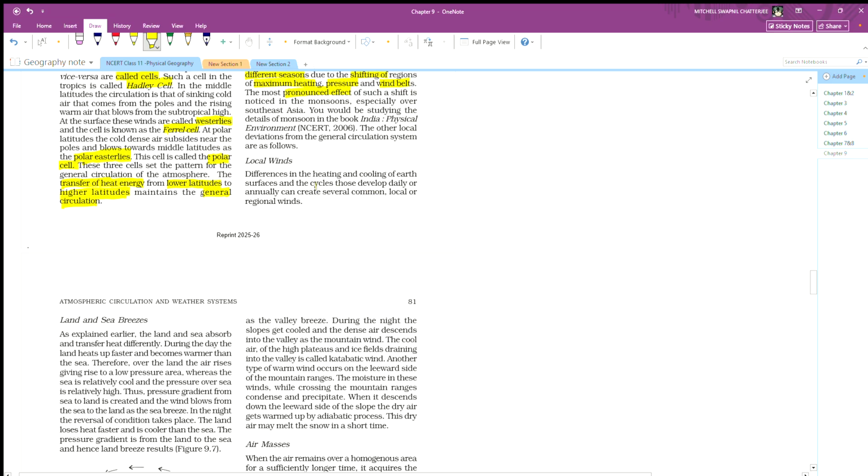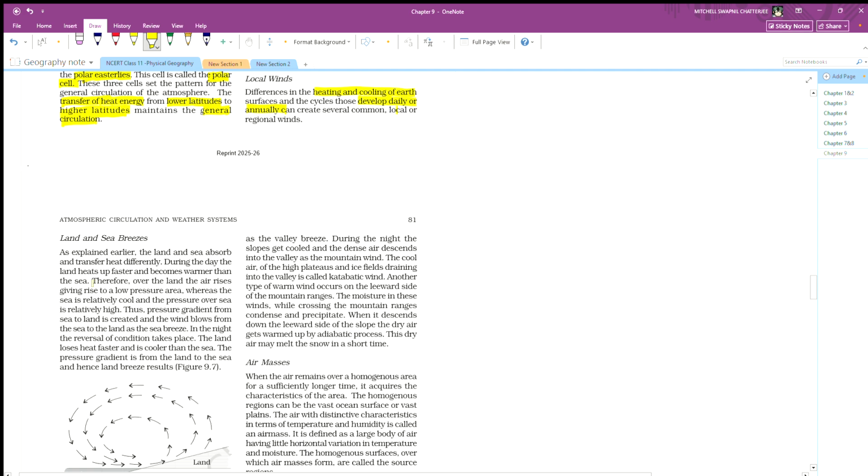This is different for every region, like India, Australia. The keywords here are heating and cooling of Earth's surface, and cycles that develop daily or annually.